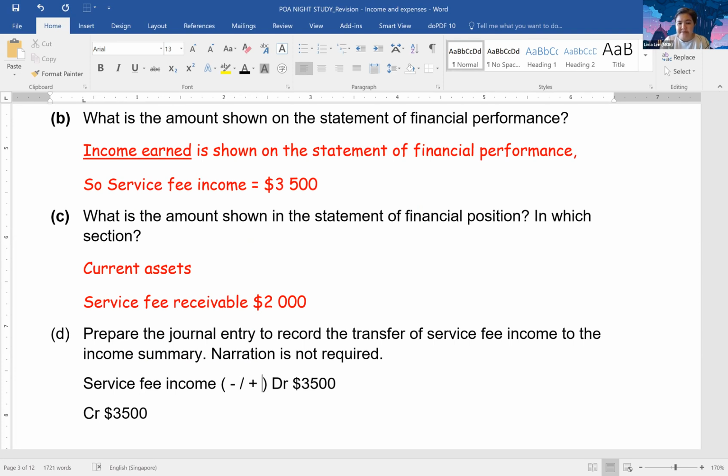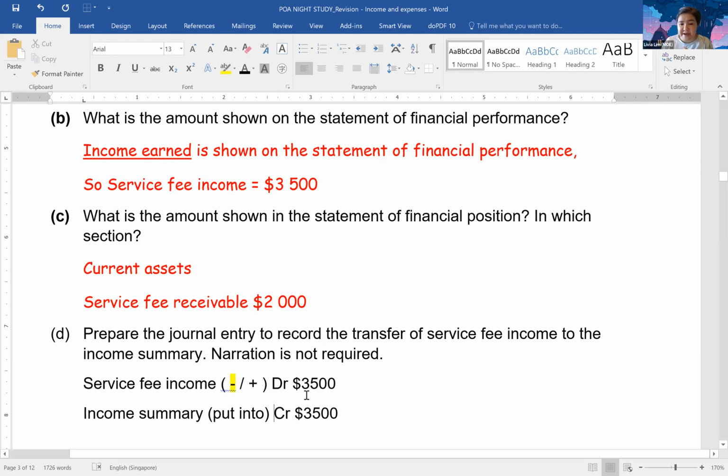You debit service fee income because you take the amount out of service fee income, 3,500, and you put it into income summary. So that's why you debit service fee income. Everybody okay with this?